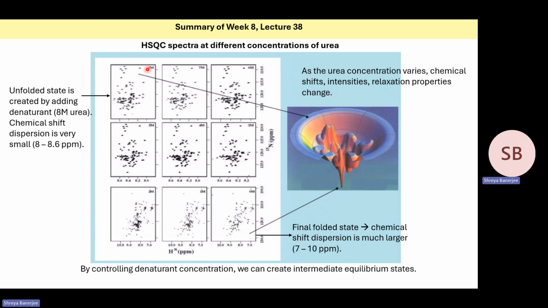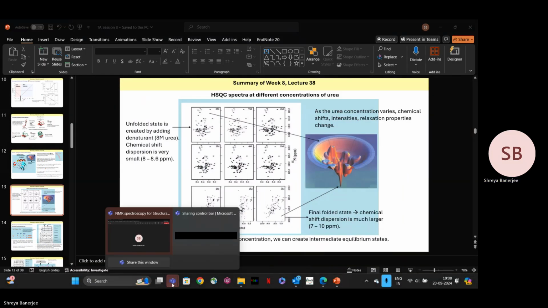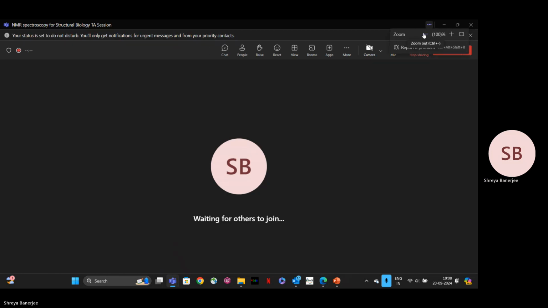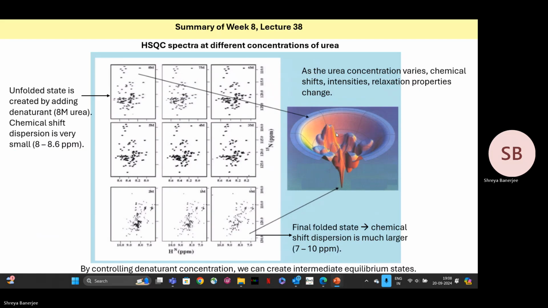So this spectrum is the 8 molar urea condition, where the protein is completely unfolded. So it is referring to this region where the protein is unfolded.